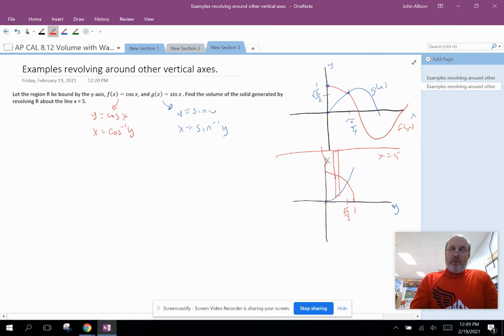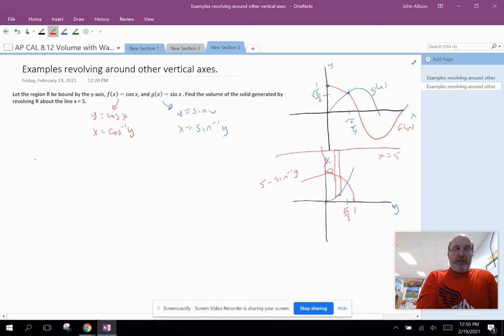I'm going to draw the large rectangle first, that when we revolve will give us the outside disk. And I need to know the height of that. And the height of that is going to be 5 minus, and this is coming from the sine inverse. And so this is going to be 5 minus sine inverse y.